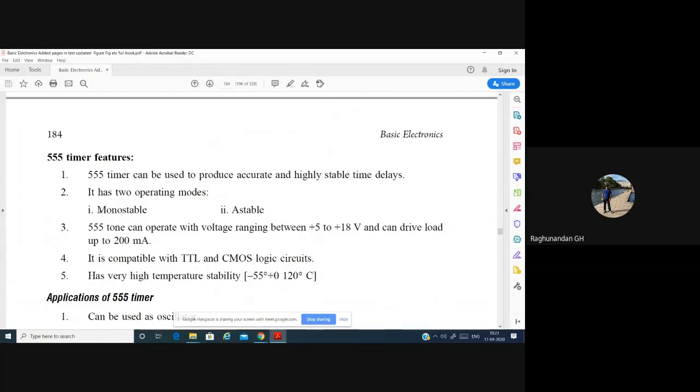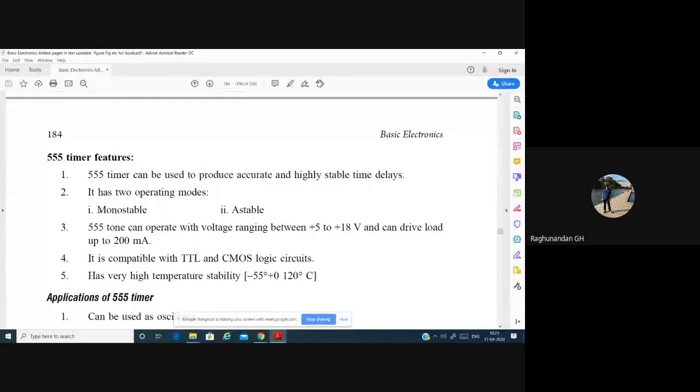Monostable means one state will be stable, which you can predict and is constant, without any fluctuation. The other state will be fluctuating. You cannot predict it, it might be positive or negative.